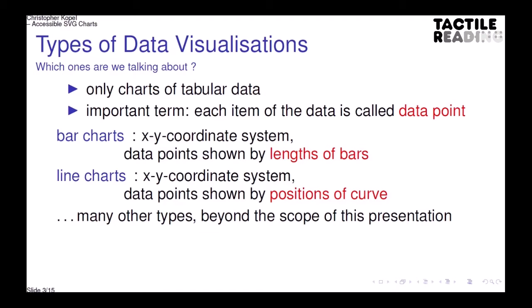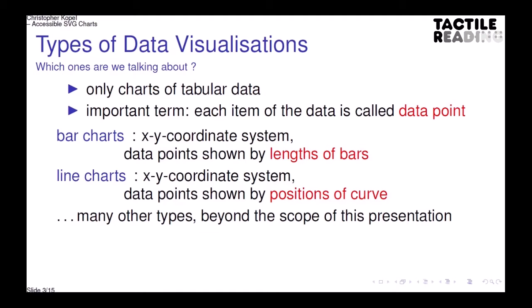In a bar chart, a data point is shown by a rectangular box, a bar, which starts on the x-axis at the x coordinate of the data point and ends at the x and y coordinates of the data point. In other words, you can say the y component of the data point corresponds to the length of the bar.